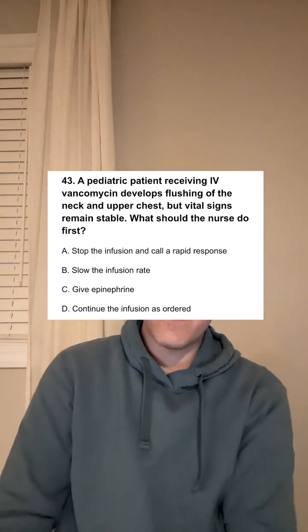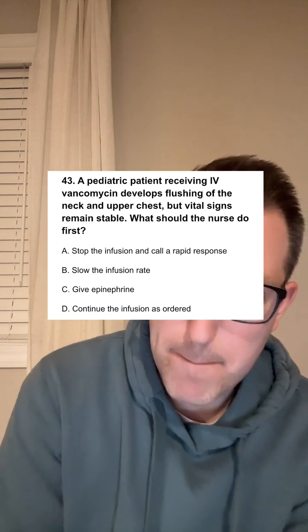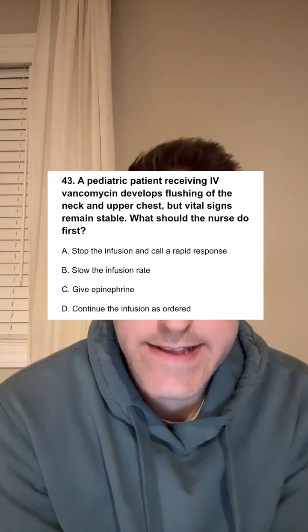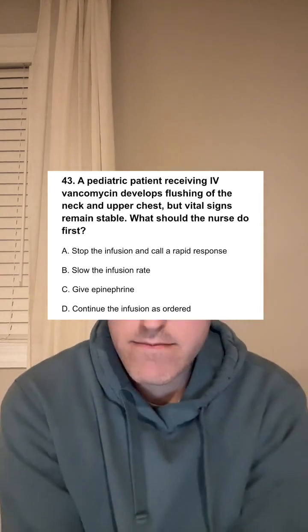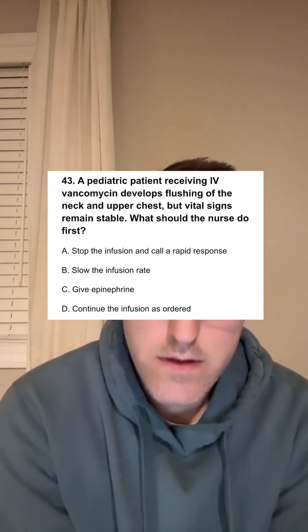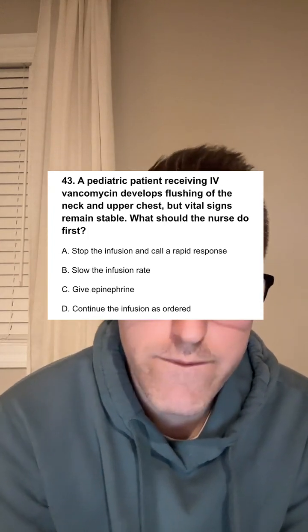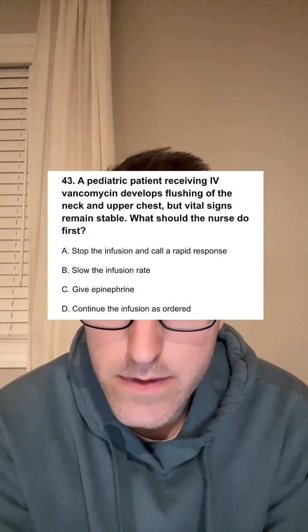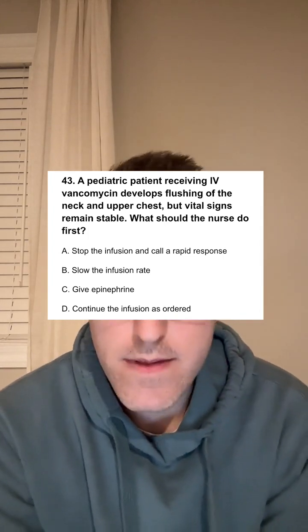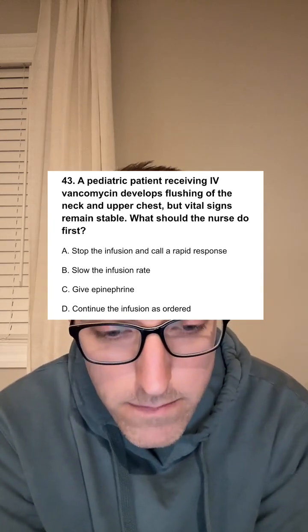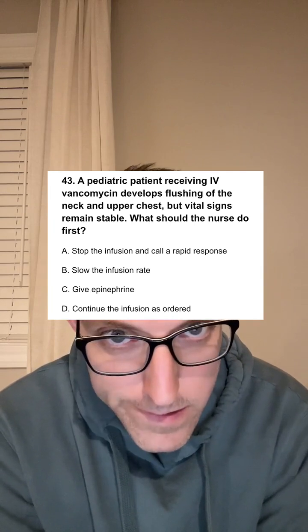All right. You guys are between A and B. All right. So answer's B. Okay. But just chill for a second. Let me explain. Flushing without instability is likely red man syndrome, which is usually rate related, not anaphylaxis.